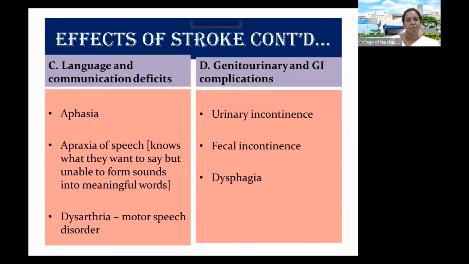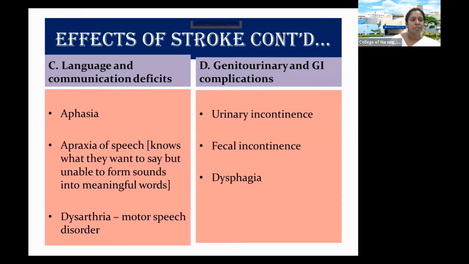Like yesterday ma'am talked about Broca's aphasia, Wernicke's aphasia, and global aphasias. Patients will have communication deficits, which have to be addressed. They can have apraxia of speech. It is like they know what they want to say, but they are unable to form sounds or meaningful words. So that is apraxia. And they can have dysarthria, which is motor speech disorder.